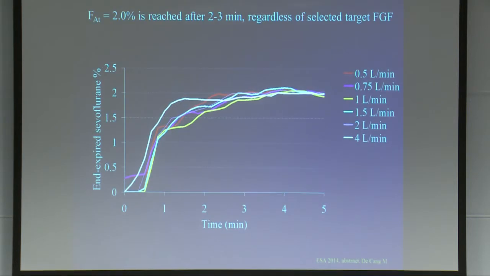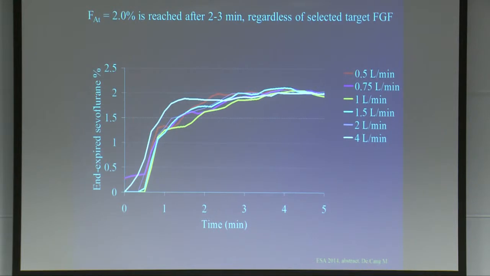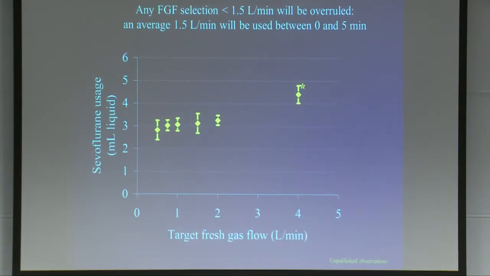But what does the Aisys actually do? The rate of rise of the end tidal is the same regardless of the fresh gas flow you select. And the implication, that means that even though you are telling the machine to use a certain fresh gas flow here, 0.5, 0.75, 1 or 1.5 or 2, the machine will actually override your fresh gas flow settings.